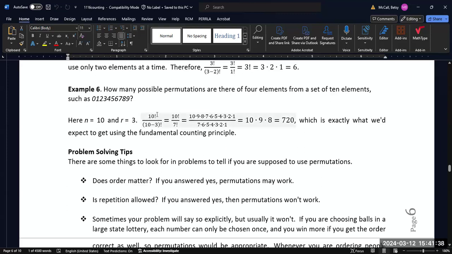But using the formula, 10 factorial divided by 7 factorial, all these things cancel out except for 10, 9, and 8. So start with 10, count down 3 elements, multiply them, you get 720.